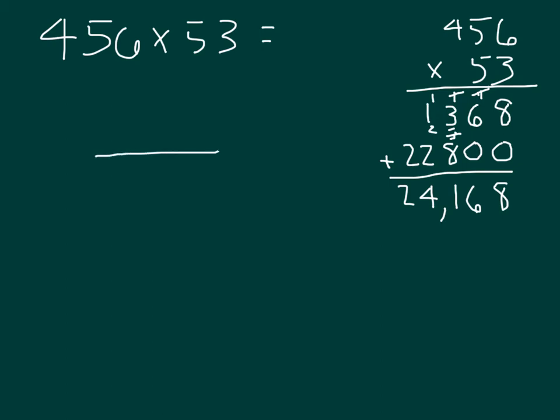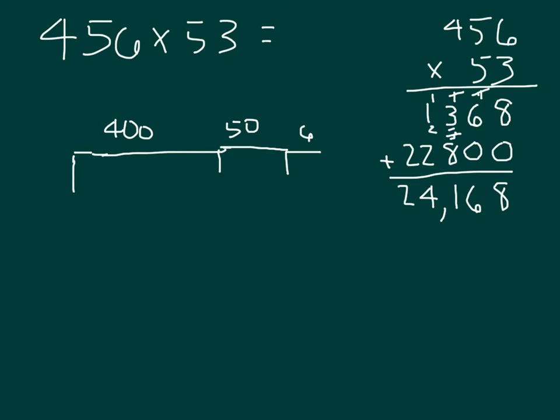So we have 400 to begin with, and then we have 50, and then 450, and then we have 6.